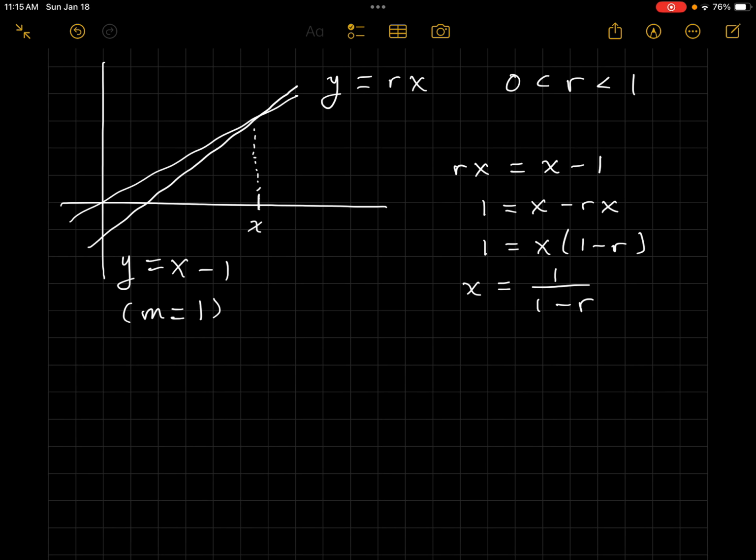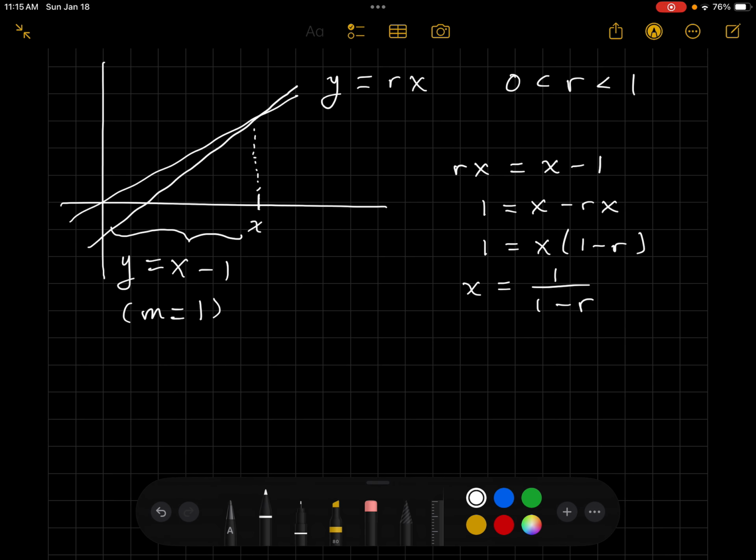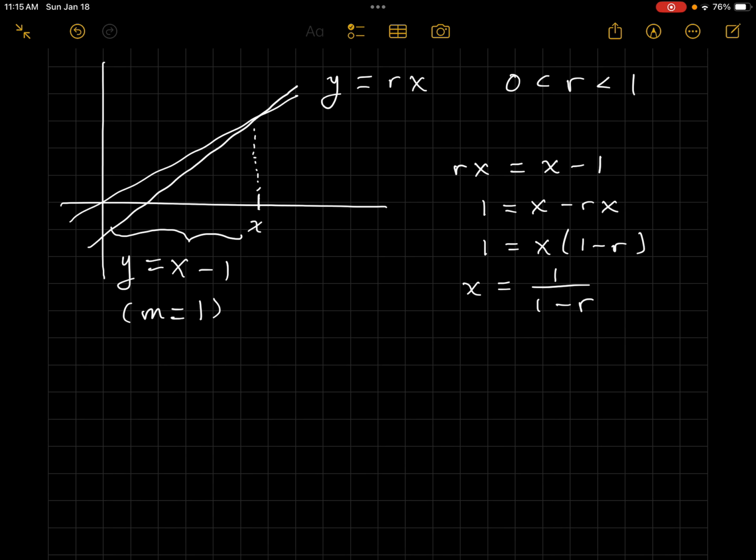Now, we want to find x in a different way. So I want to find out how far it is from the axis to x. So let me change colors for us. Hopefully we can see a little bit better. And we're going to do this in parts.